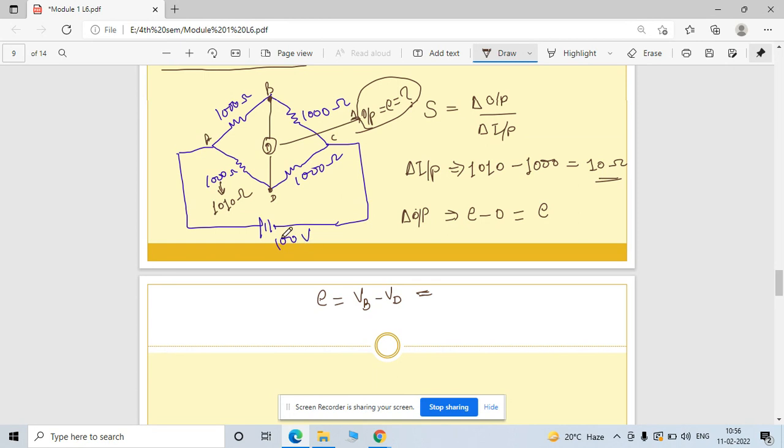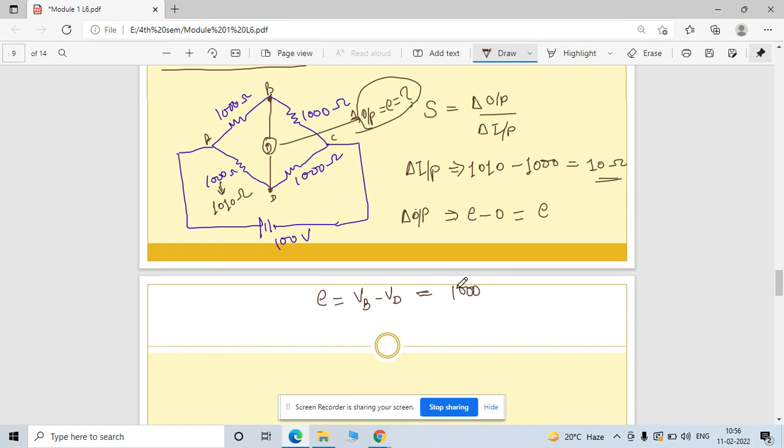So if I directly use this 100 volt supply at this node and take the voltage division rule for this series combination within this circuit, then what is the value for this potential? You will get 1000.